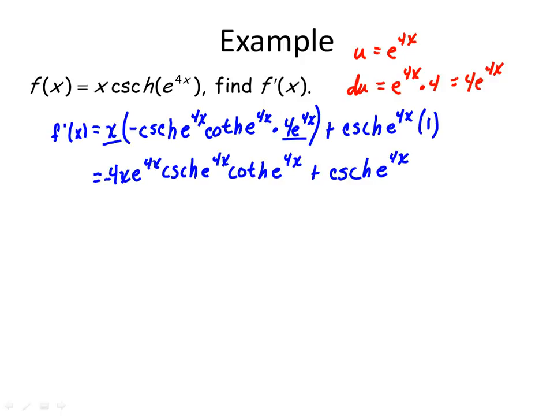Why do you put 4e to the 4x when you do du? Because of this right here. Because the derivative of e to the u, in this case, u is equal to 4x. Okay? So if f of x is e to the u, then f prime of x is e to the u du.